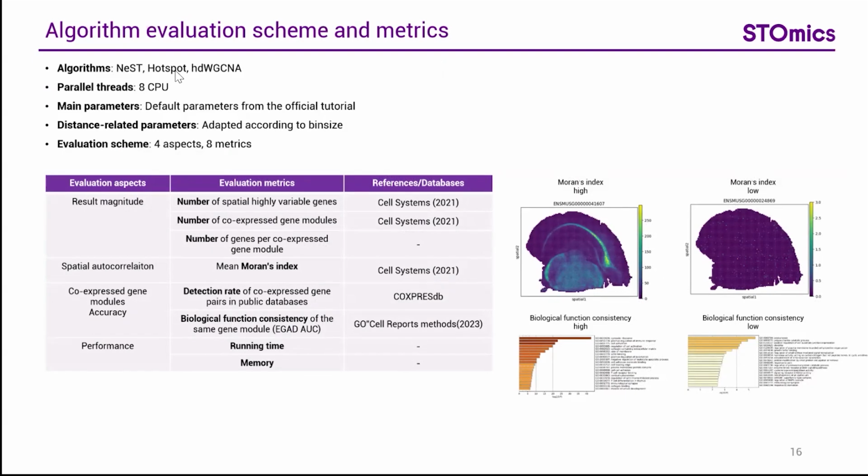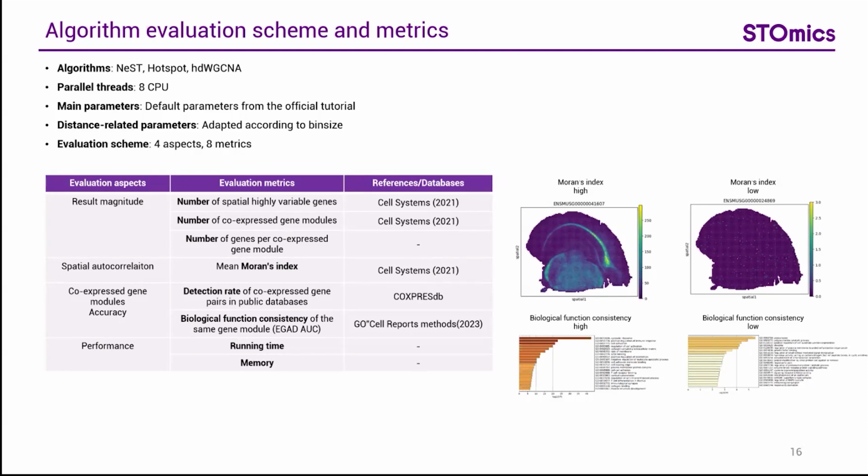During the testing, we limited them to use 8 CPUs. For the main parameter settings of these algorithms, we refer to the default parameters in the official tutorials, only adjusting and adapting the spatial information parameters related to the distance based on our own bin size resolution.